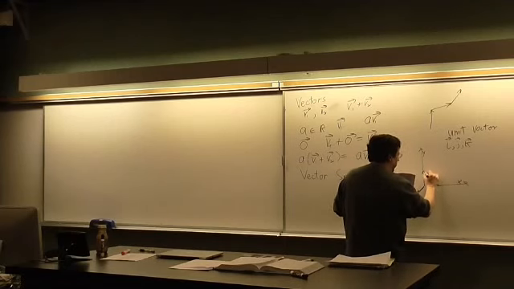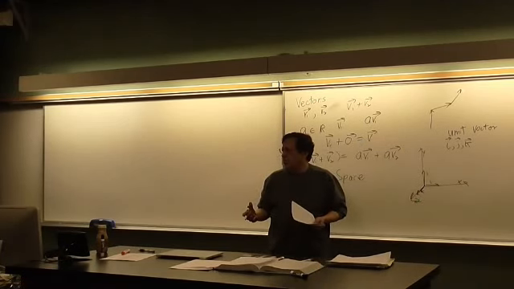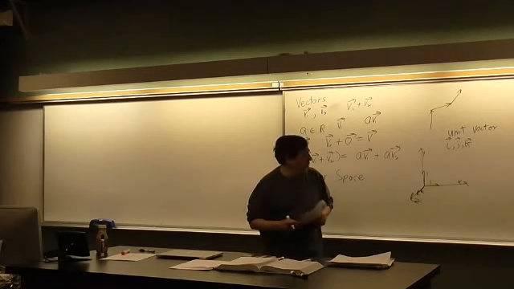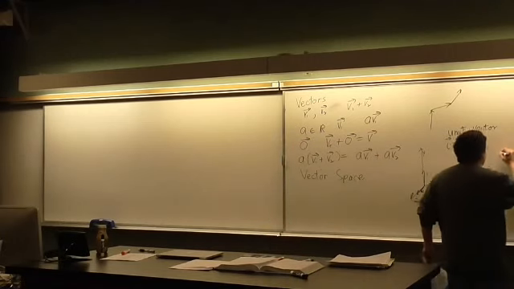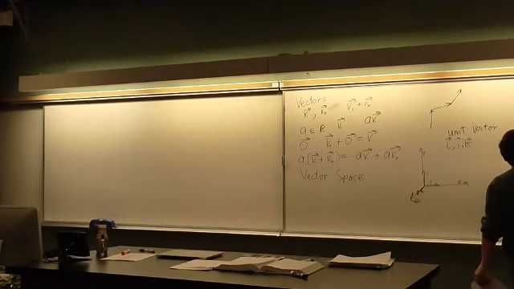That's my i, j, and k. And the nice thing about dealing with these perpendicular unit vectors is, you know, any vector can be described as a linear combination, there's that word again, of i, j, and k.